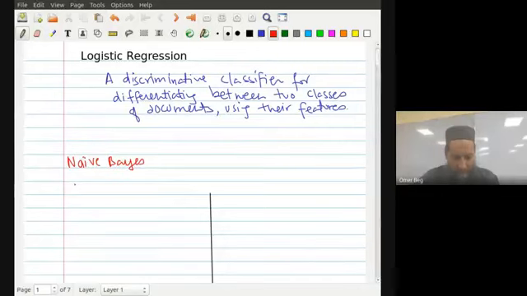In naive Bayes, let's say there are two classes and we want the predicted class. We have been doing argmax, the probability of this document D belonging to class C multiplied by the prior of class C.